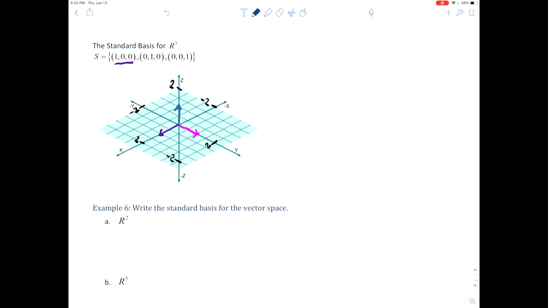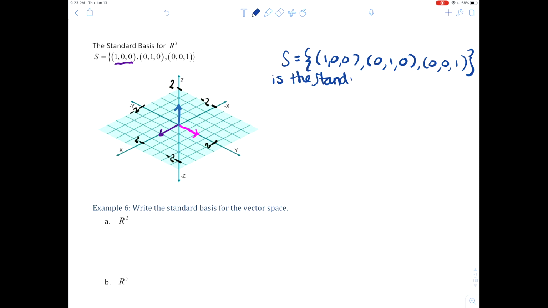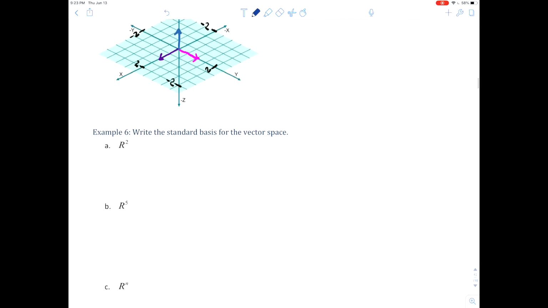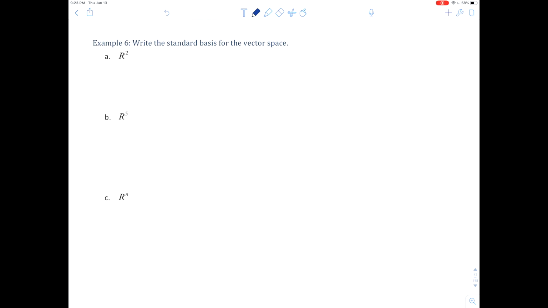So the standard basis for R3, S equals 1, 0, 0, 0, 1, 0, 0, 0, 1. Standard basis for R3. So thinking about that, what do you think the standard basis for R2 is?